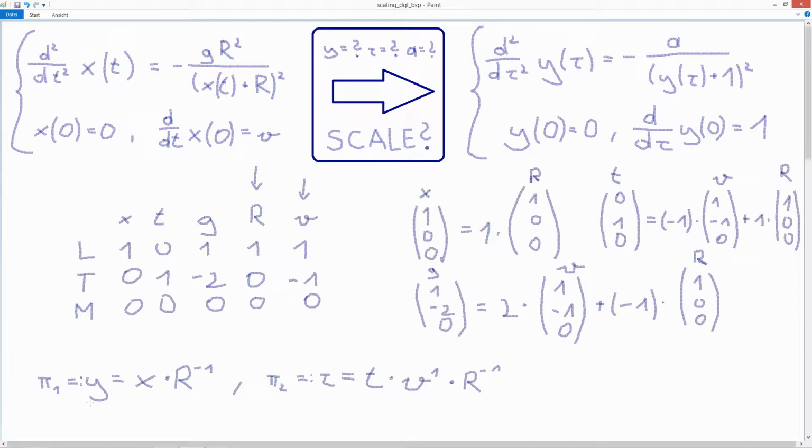The last pi factor, pi3, which we will call a, is equal to g times v to the power of minus 2 times r to the power of 1.